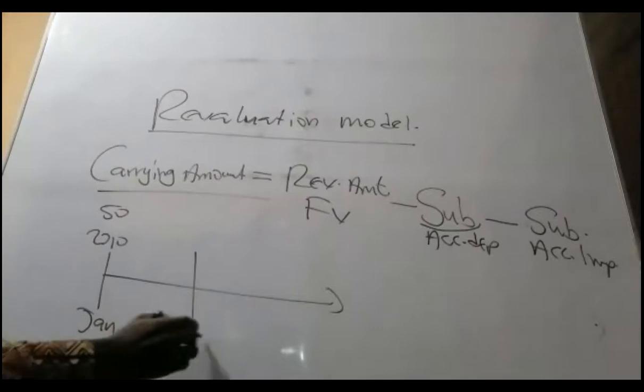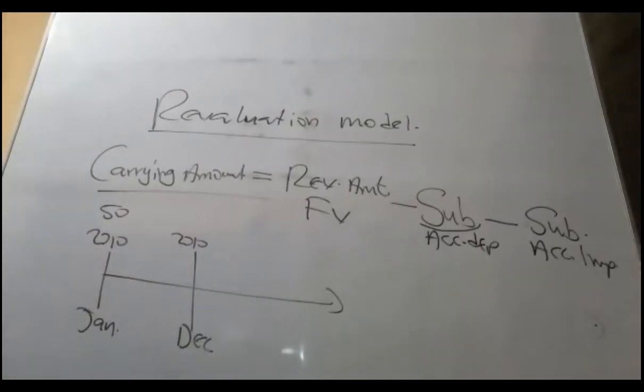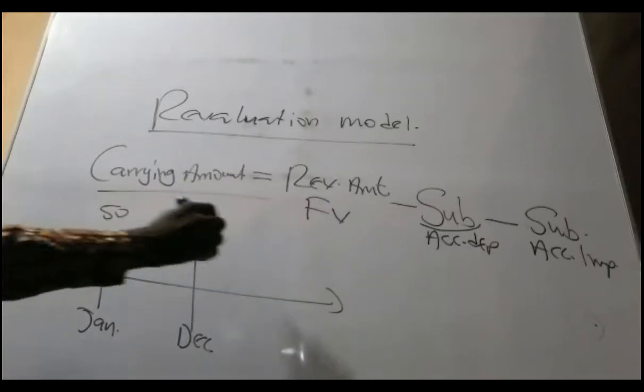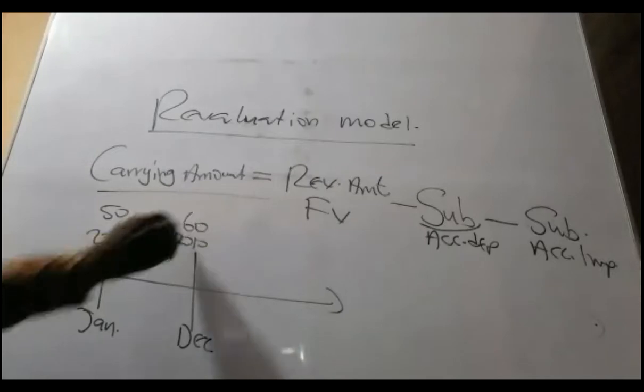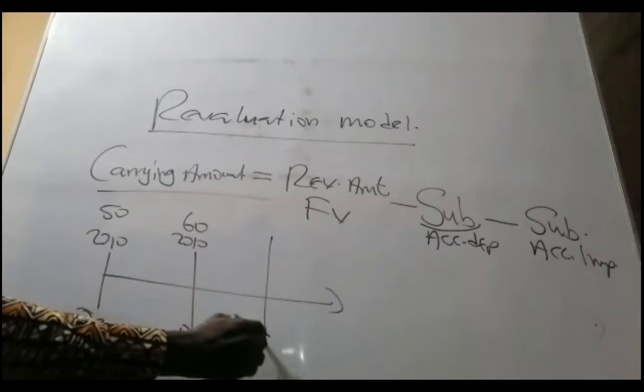Then December 2010, the same as January 2011, you did a valuation and you had 60. So in December 2011, what happened?